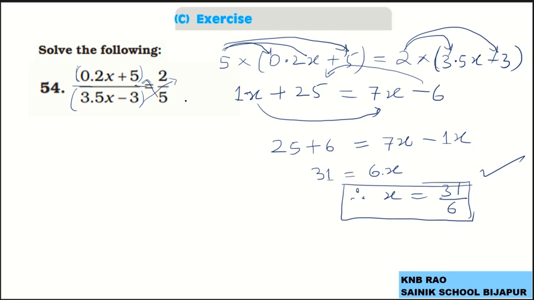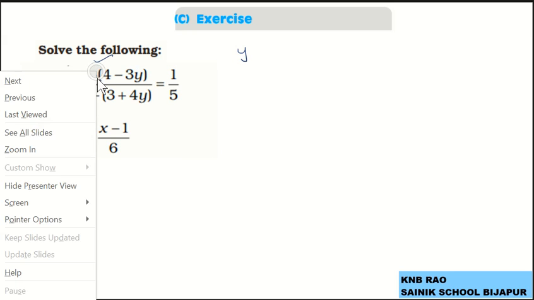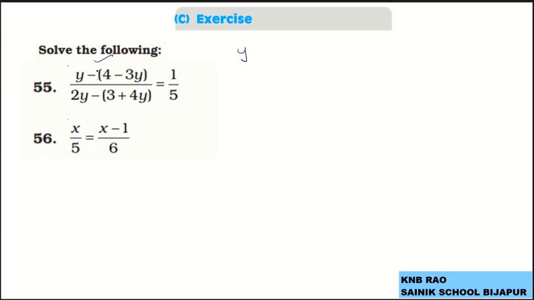Now, coming to question number 55. Here, first remove the brackets; it is very important with the minus sign when you are removing a bracket. The sign changes; minus means minus 1 actually, so do not worry.